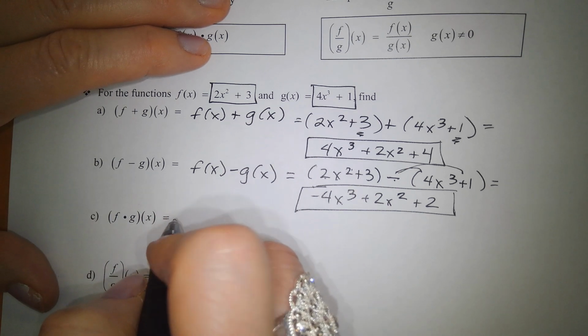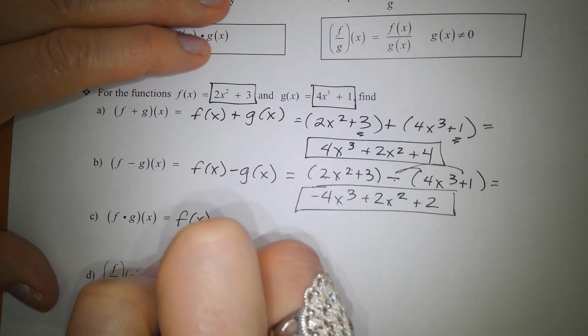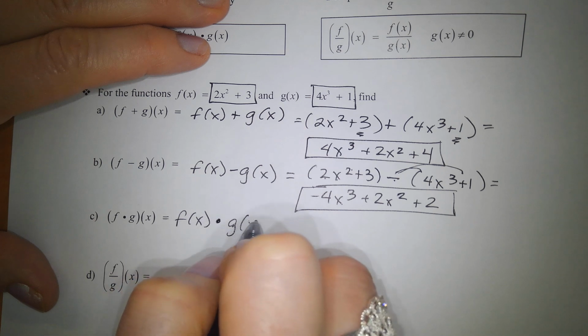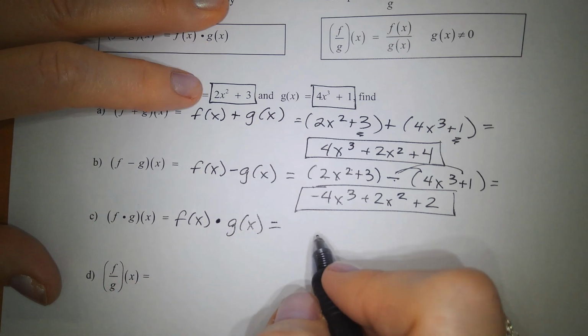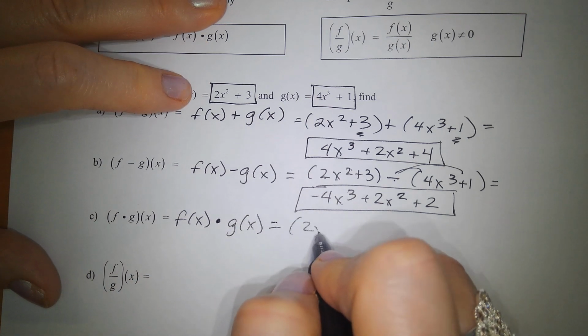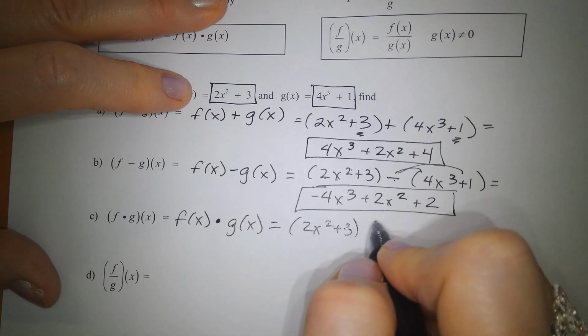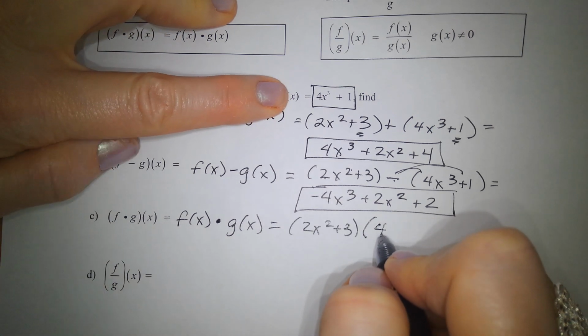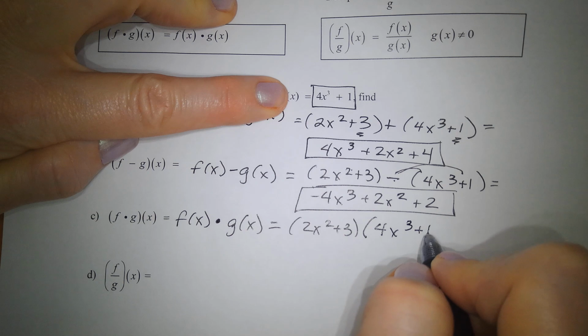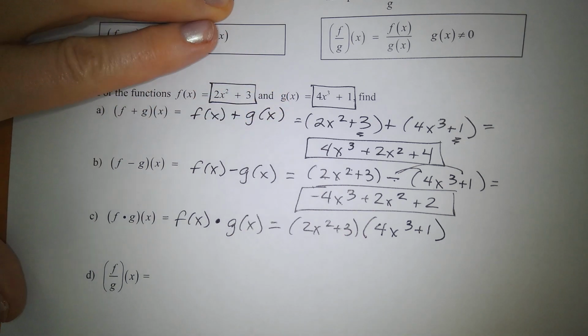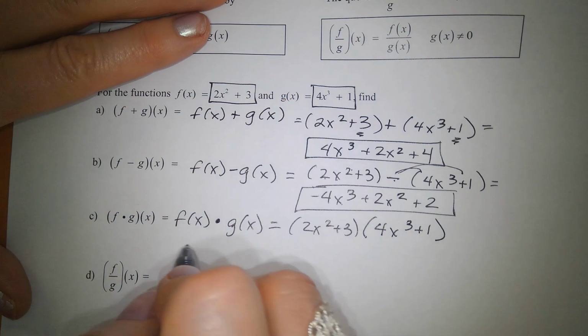Then when we multiply, we take f of x and we multiply that by g of x. So we take f of x, which is 2x squared plus 3, multiply that by g of x, which is 4x to the third plus 1. So this becomes a FOIL problem.